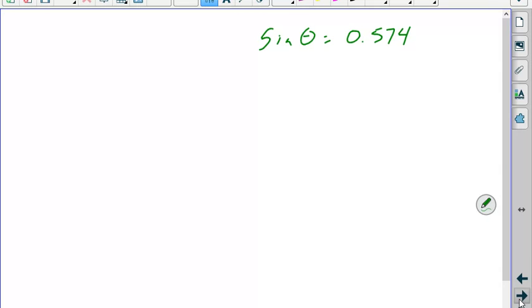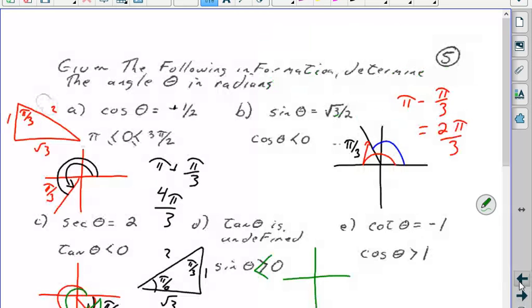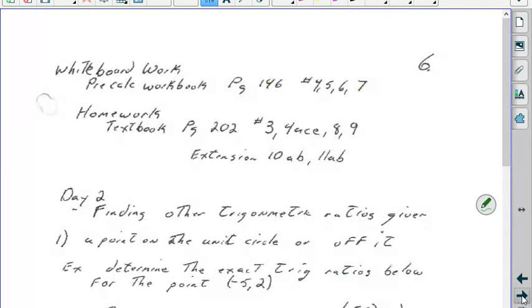So my reference angle is equal to the inverse sine, and we're going to get the same answer. You're not going to get a different answer because sine and cosine will give you the same. Just drop the negative sign whenever you're punching it into your calculator and you want the reference angle. Because I don't want negative 0.611. That's not a reference angle. That's a rotation angle. There is your homework. I will do that other question tomorrow.